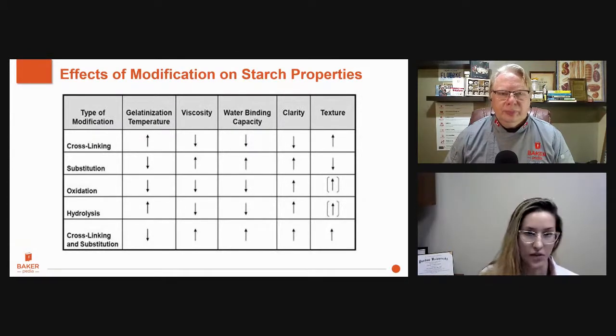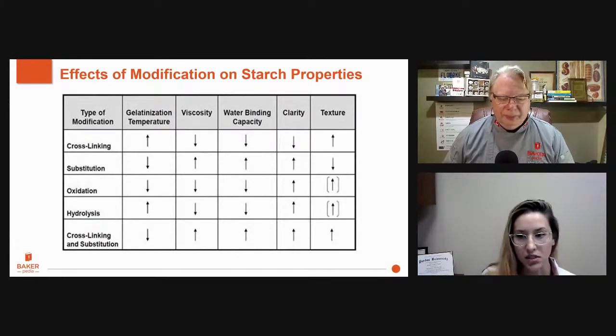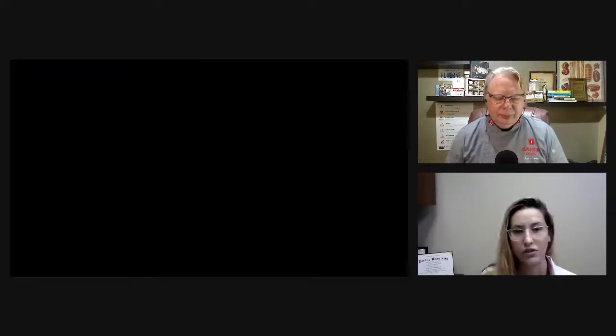And on this chart, it's very clear, if you're looking for example, increased crispiness, probably want to look at cross-linking or oxidation or hydrolyzed modification, or even a combination of any of those. So oxidized starch, I think, is probably going to provide the crispiest from what we know right now, with the smallest contribution, for example. Excellent.